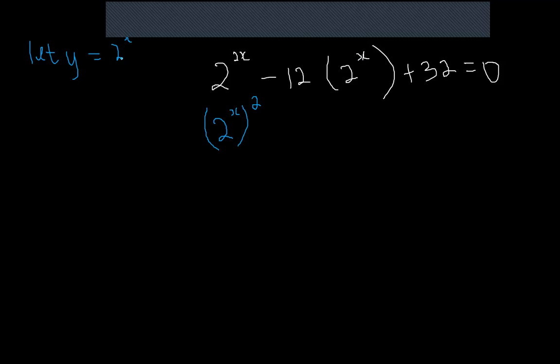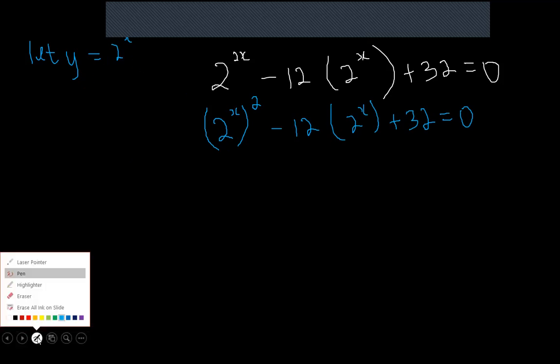My aim is to get the 2 to the power of x, right? So 2 to the power of x squared minus 12 times 2 to the power of x, plus 32 is equal to 0. If I remember, I said I'm going to let 2 to the power of x be equal to y.